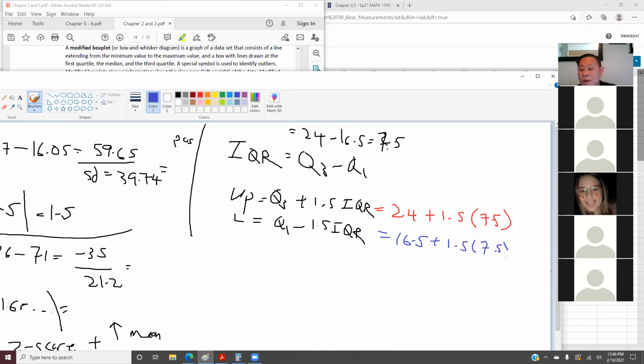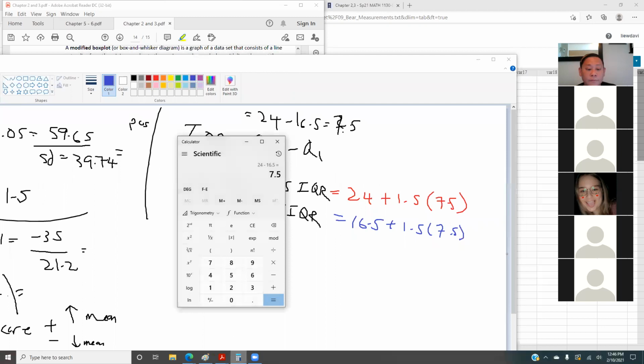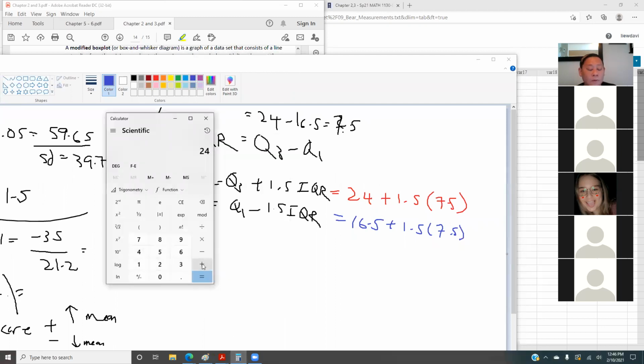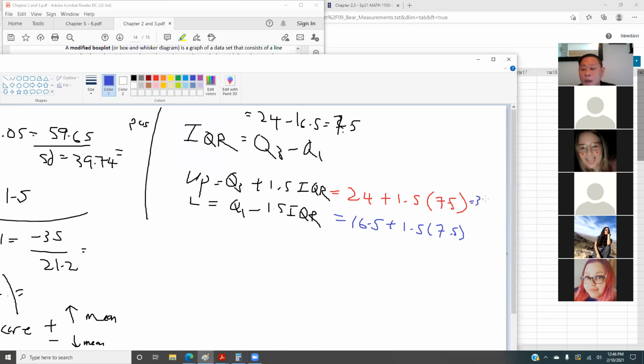You have to use your calculator to figure these numbers out. Can anyone figure this number out? Is the upper one 34.5? 35.25? Yeah, that's what I got. And the lower one?